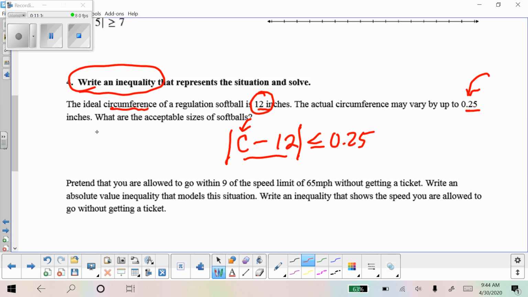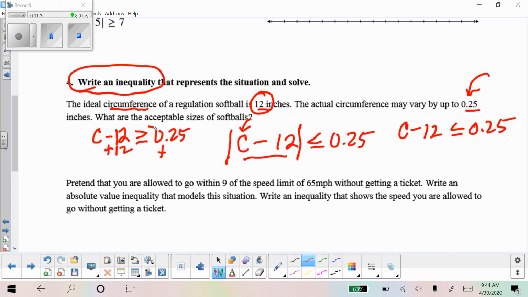Now, when you solve this, you're going to have C minus 12. These are the negative solutions. And so you switch the sign and make it 0.25. And then over here, I'll do the positive solutions, which is, we're leaving exactly the way it is. Now over here, you're going to add 12 to both sides.